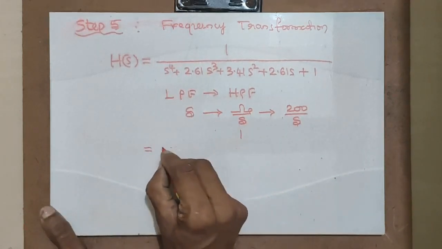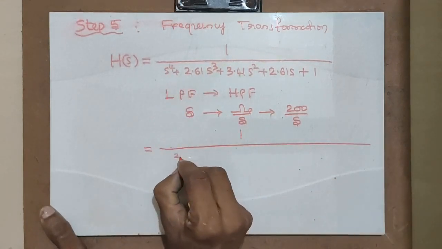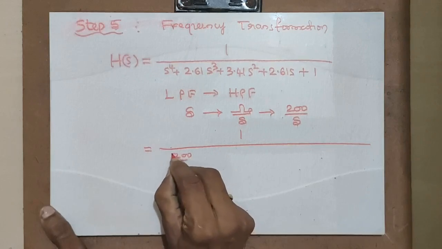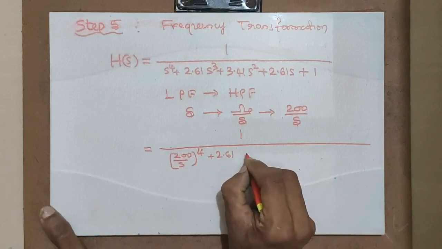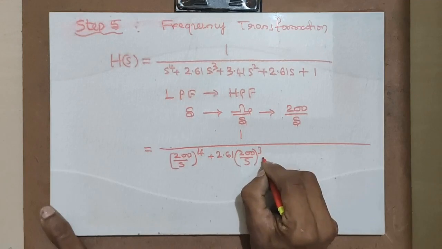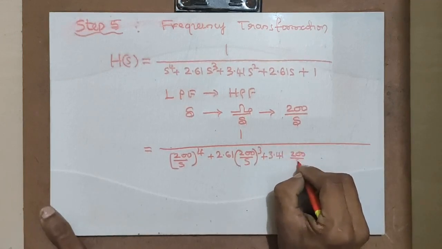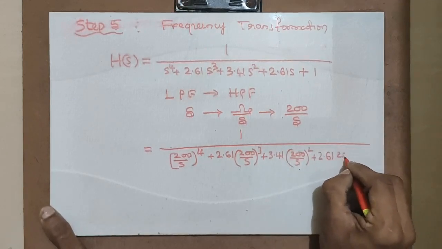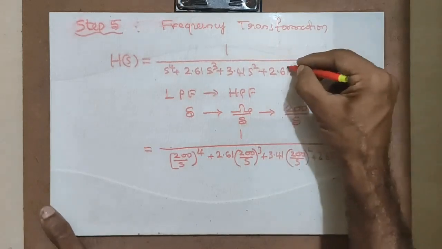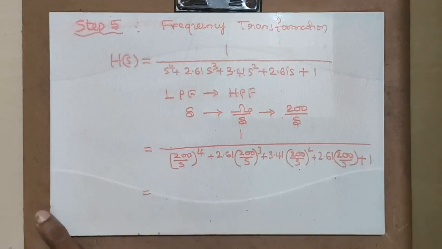Hence, what do you do? 1 divided by, instead of S, you substitute 200 by S whole raised to 4, plus 2.61 times 200 divided by S whole cube, plus 3.41 times 200 divided by S whole square, plus 2.61 times 200 divided by S, plus 1.